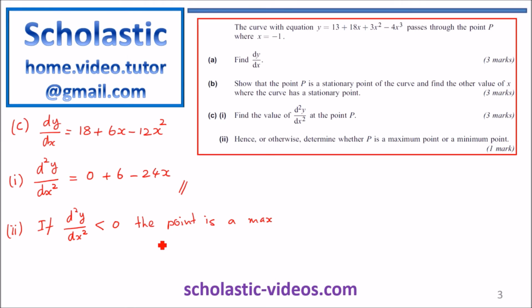Or if d squared y by dx squared is greater than 0, the point is a minimum point.